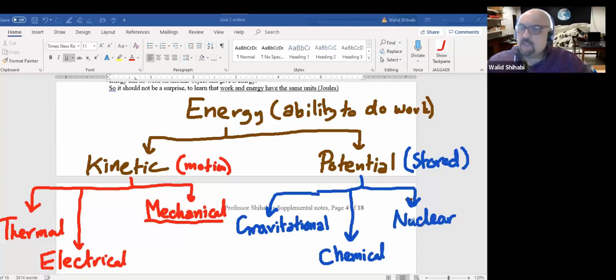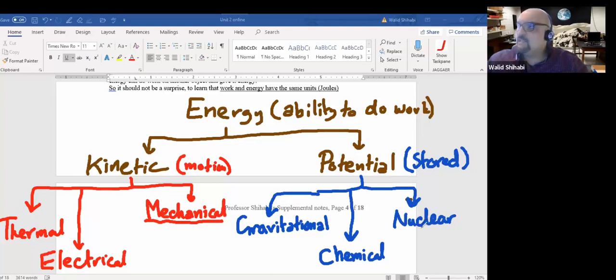And actually, if you think about it, nuclear potential energy is the energy responsible for our planet. Why? Because this is the energy that comes from the sun. The source of energy in the sun is nuclear fusion.